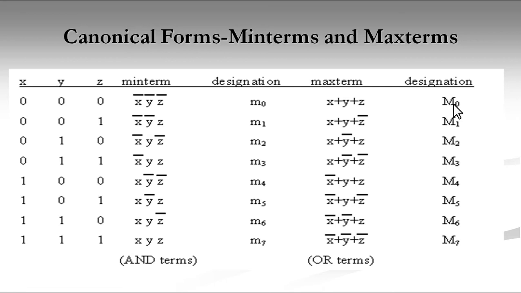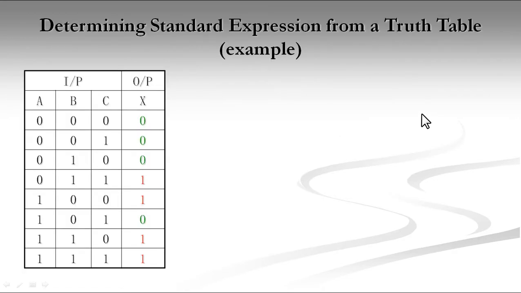So SOP is represented by small m designations, POS is represented by capital M. We need to remember this, because when we go forward, we will be using capital and small m's for the representation of the K maps, that is called the Karnaugh map, which is important for 5 marks.